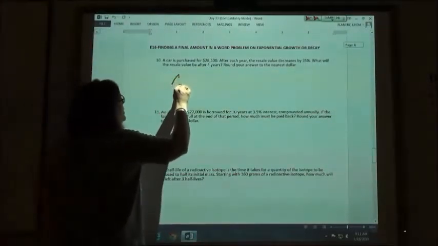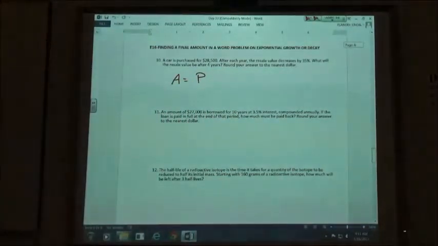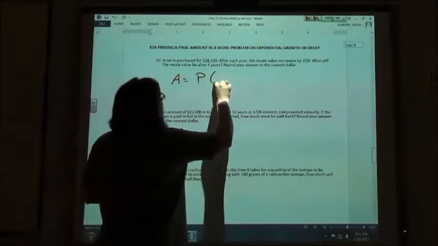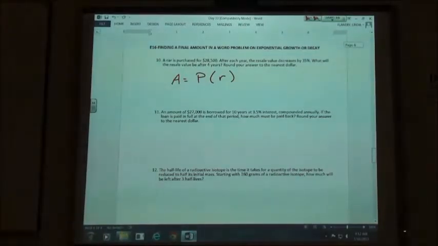So our amount is going to be equal to, I'm going to call it the principal, whatever number you started with. Then you're going to have your rate. Your rate has to be the rate that you're retaining each year. So in this case, if I'm decreasing by 35%, what percent am I retaining in its value? It decreases by 35.